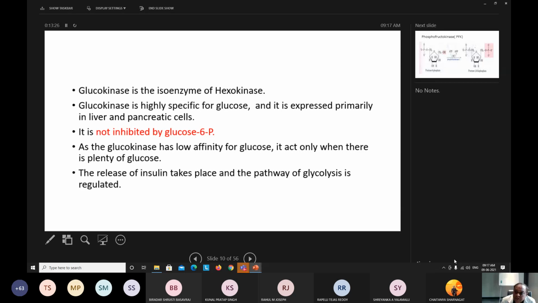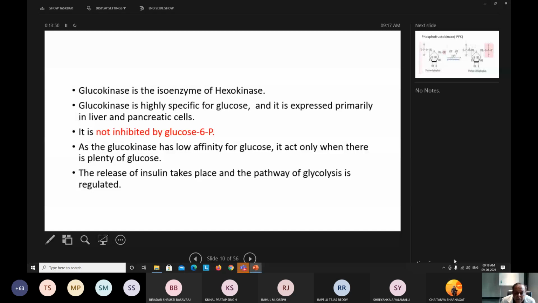Another thing to point out is that glucokinase is not inhibited or regulated by glucose 6 phosphate, whereas glucose 6 phosphate, the product that is formed, inhibits hexokinase. It should be noted here.